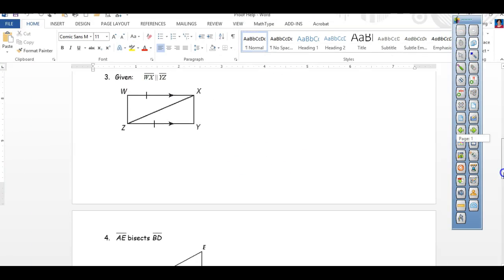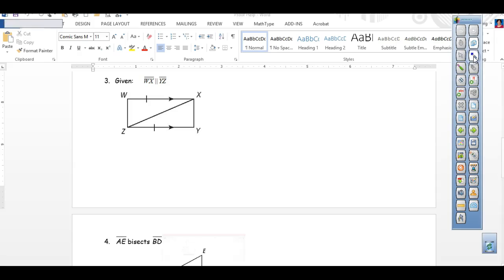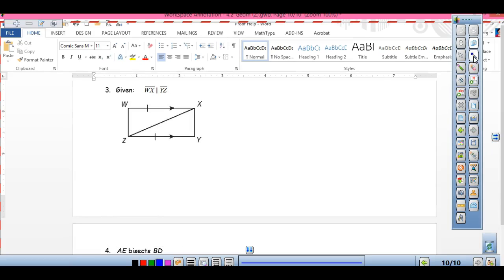Okay, so if we look at number 3, it gives us what? What's it saying given? Parallel. It gives us parallel lines. Almost always when you're doing a proof, and you have parallel lines, you've got to look for alternate interior angles. So what are my alternate interior angles?